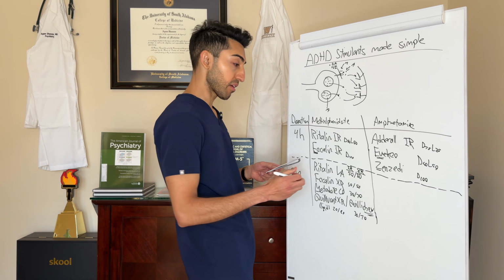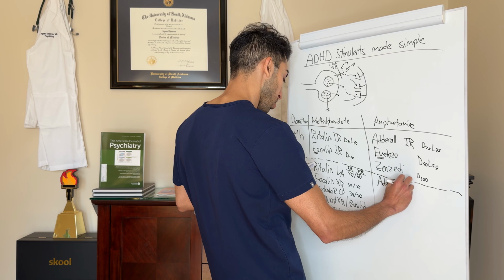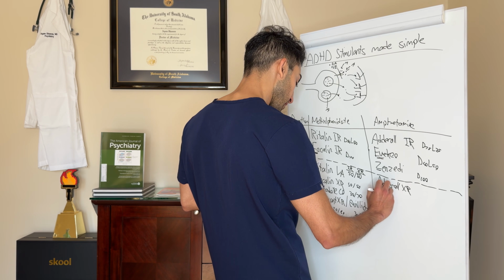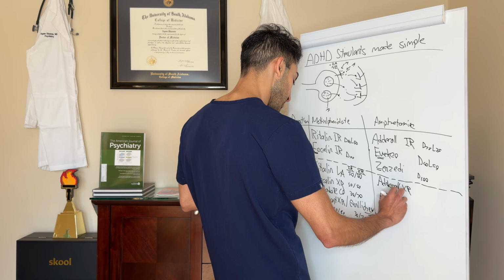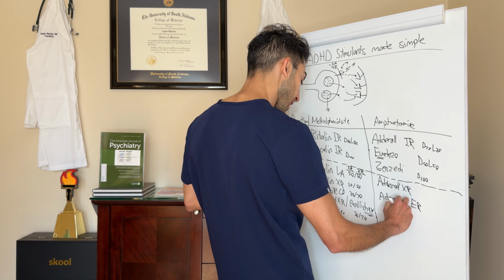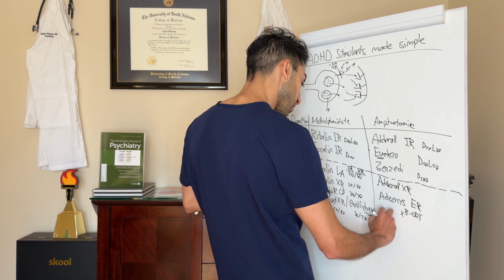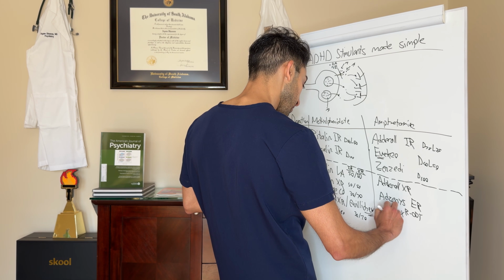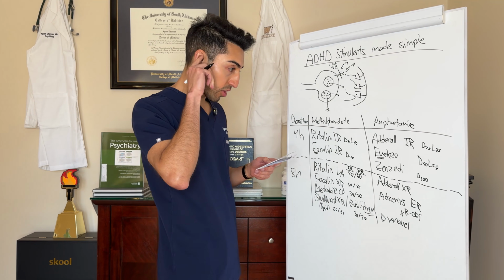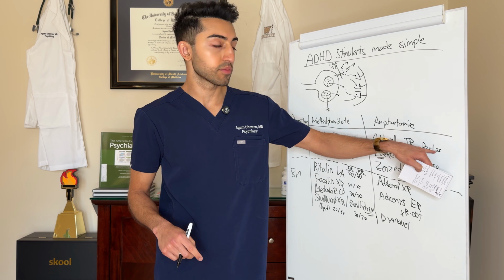Then for the amphetamine class, we have Adderall XR, we have Zenzedi, there's an ER version, and then there's an XR ODT version, and then we have Dyanavel. So starting from the Adderall XR, right? So same thing as the Adderall IR in terms of the mixture.